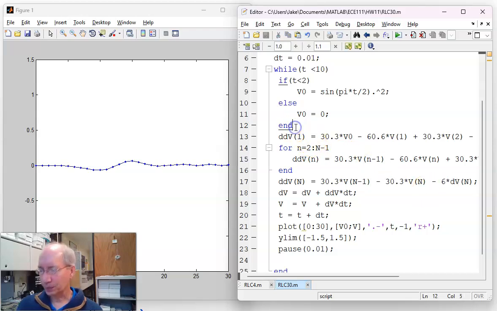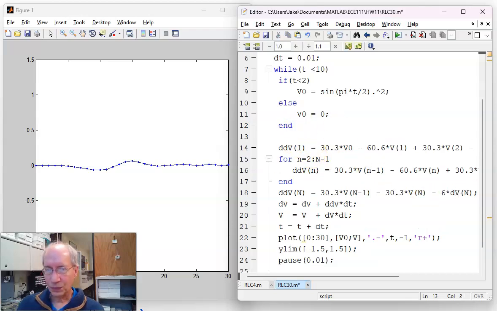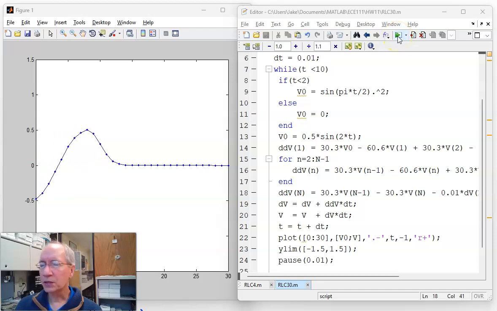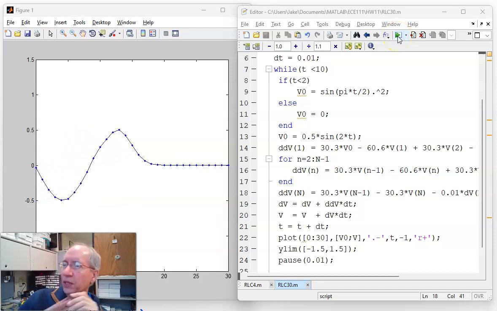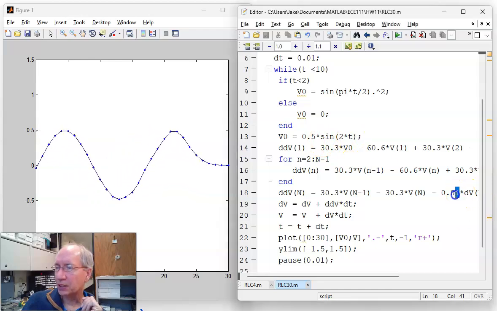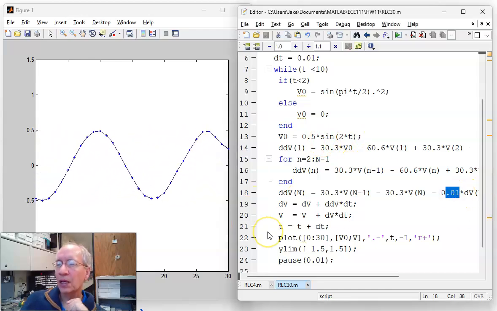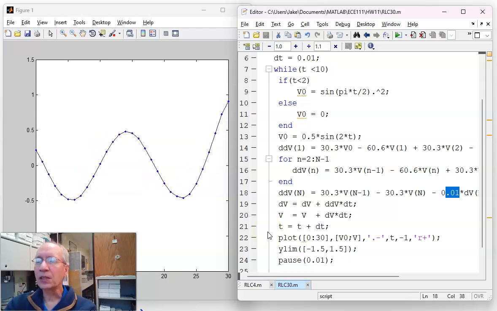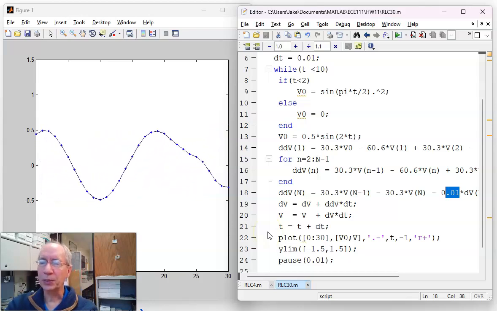Just for fun, let's see what happens if the input is just a sine wave. And I change this last one to 0.01. Impedance matching is important in things other than just circuits, like bridges and buildings.